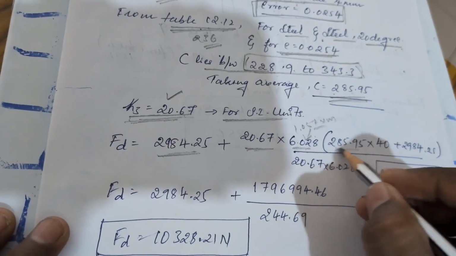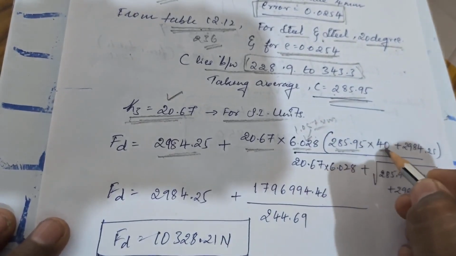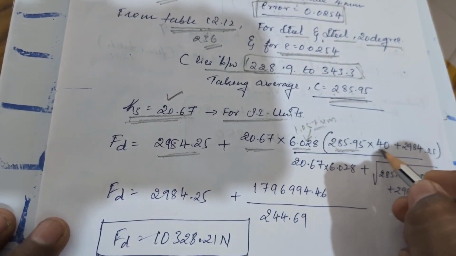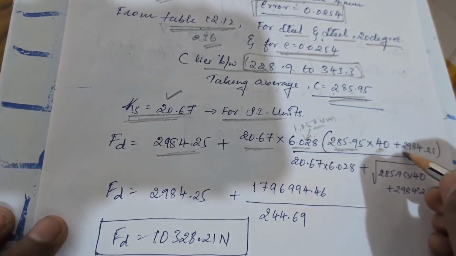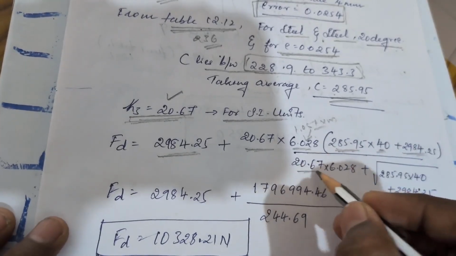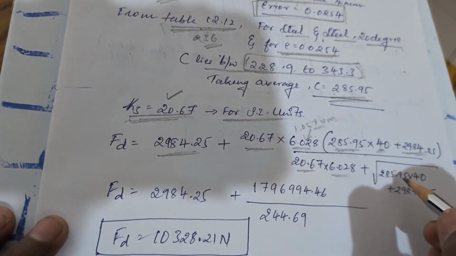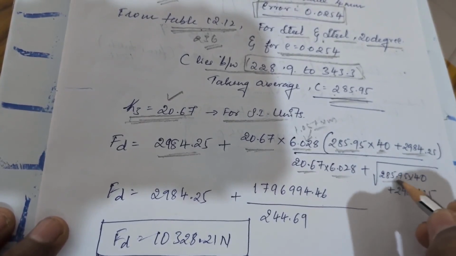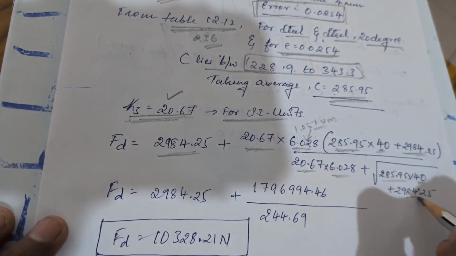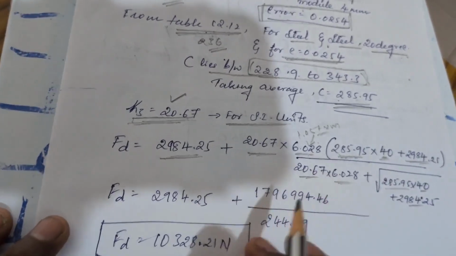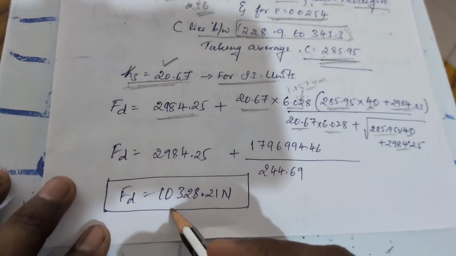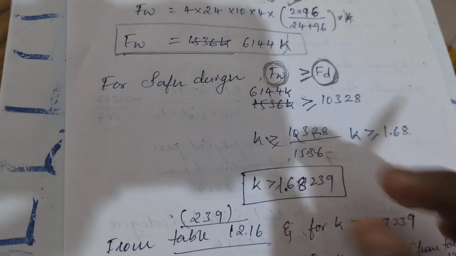Then C is 285.95 and b is 10 into 4, that is 40, and this is the Ft value, K3 velocity, same thing here also, CB plus Ft. After simplification, you will get the dynamic load as 10,000.